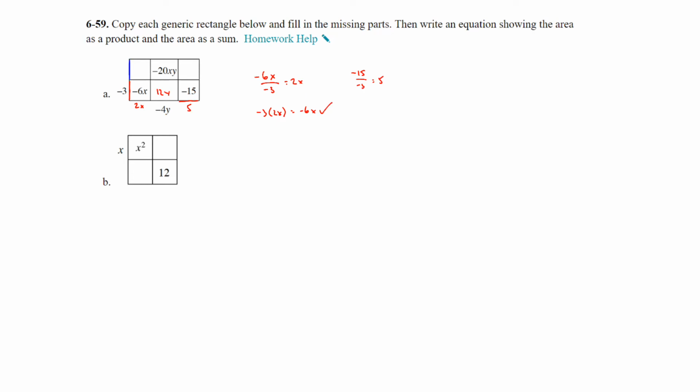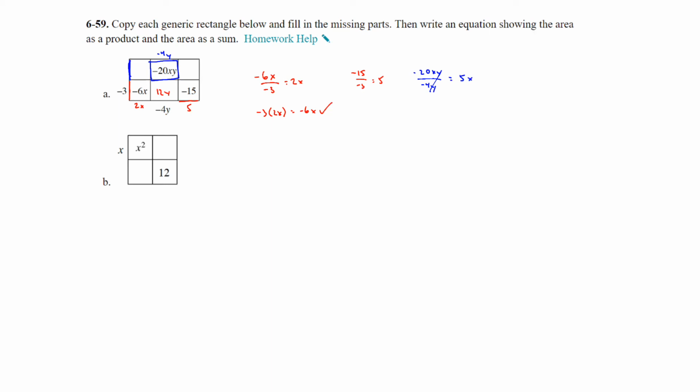So right now, I don't have an area here, so I can't use that. I got to use this second box here. Knowing that this is -4y, what is this side length? So we can work backwards again. -20xy divided by -4y. So -20 divided by -4 is a positive 5. The y's are going to cancel as well, so that's just 5x.